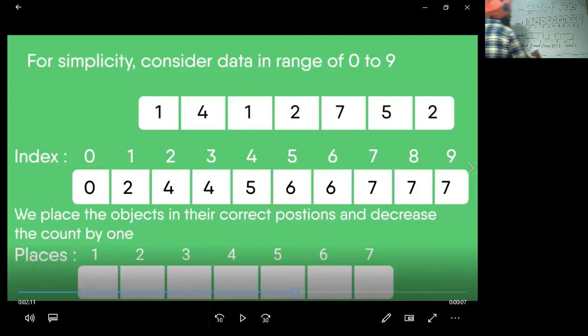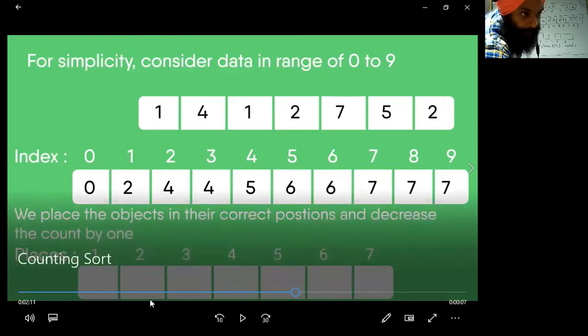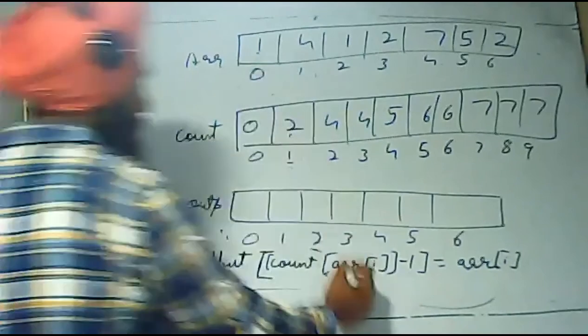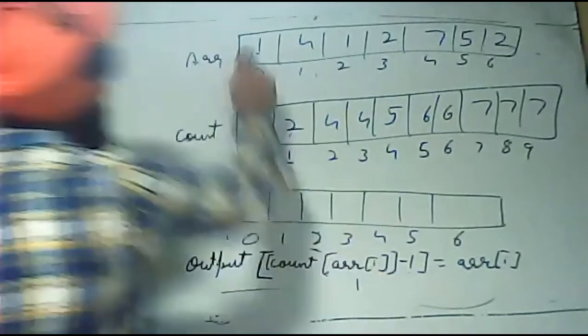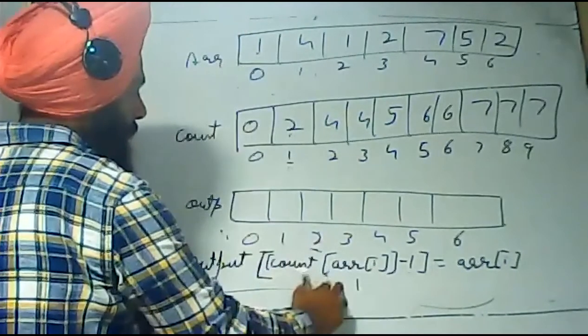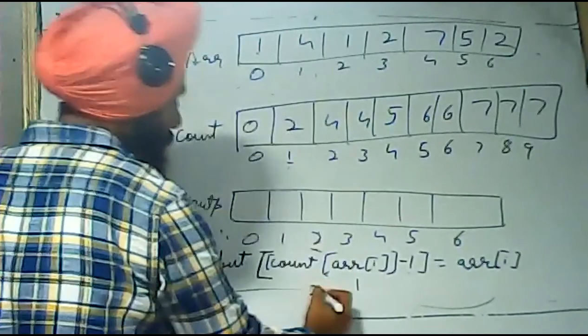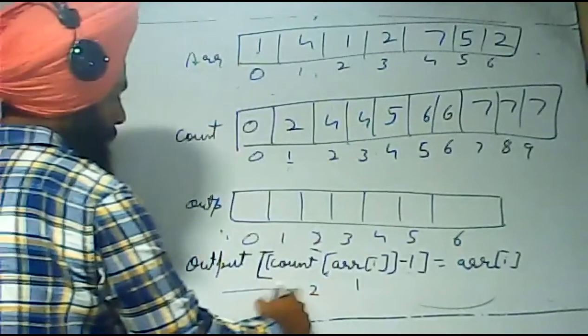Let's check it. So it will start with I of 0. So A of I, that is A of 0, will return the element 1. So count of 1. What is the value of count of 1? That is 2. So 2 will become the value of count.